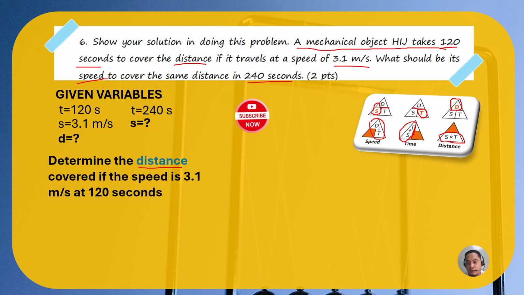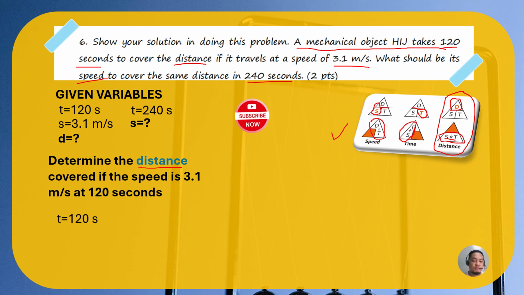In our guide here, our North Star, if you are finding the distance, you will use this one. All you have to do is multiply your speed and time.